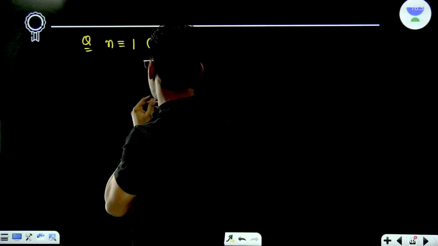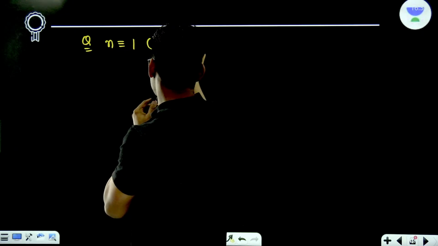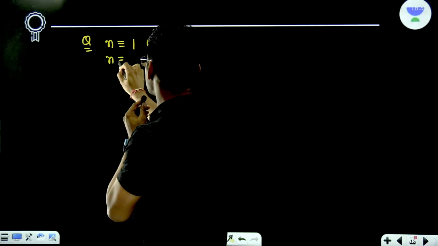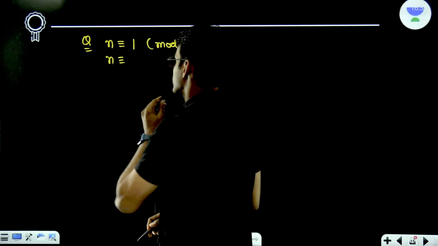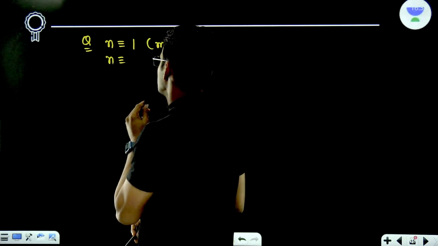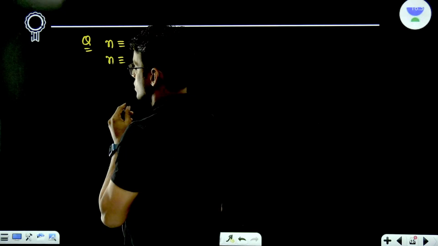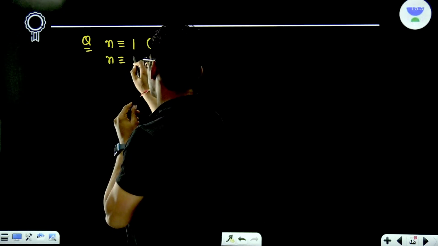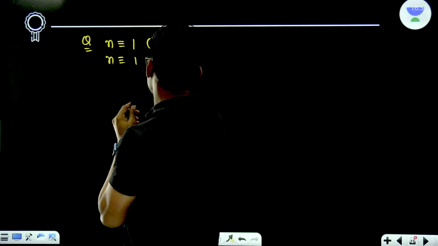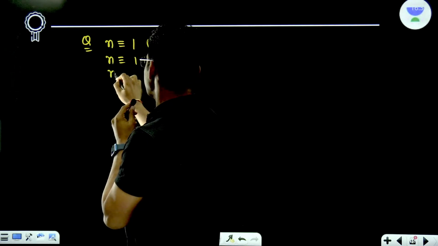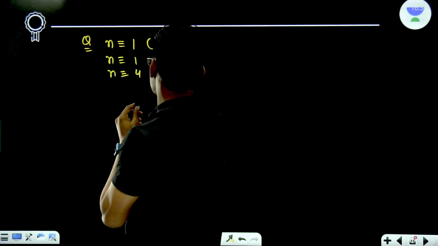N is congruent to 1 mod 2. N is congruent to 4 mod 5.